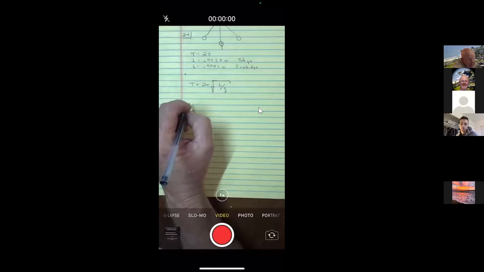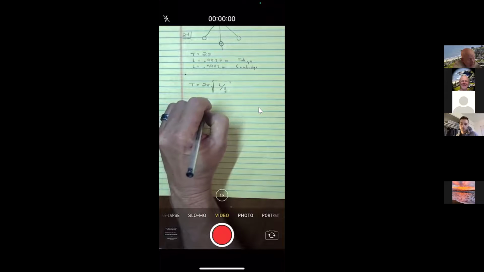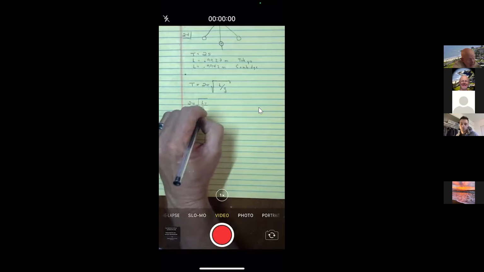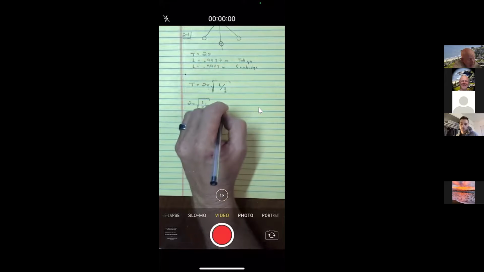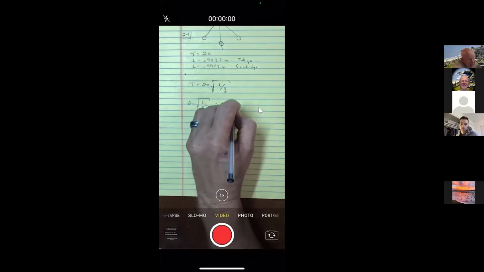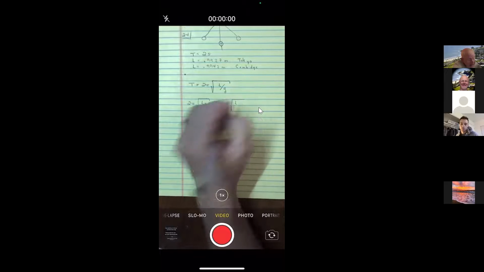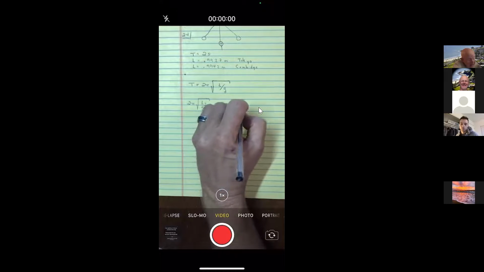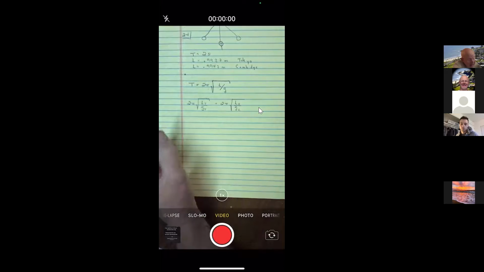So if I say 2 pi times the square root of the length in Tokyo over g in Tokyo, then that must be equal to 2 pi times the square root of the length in Cambridge over g in Cambridge.